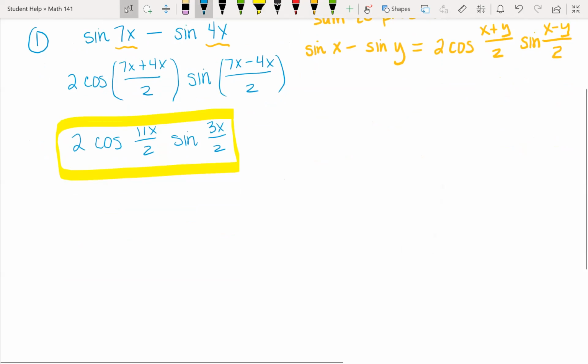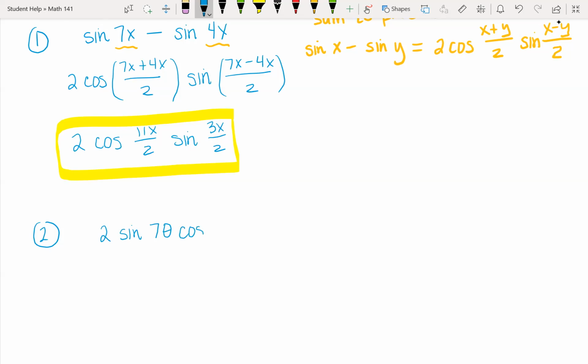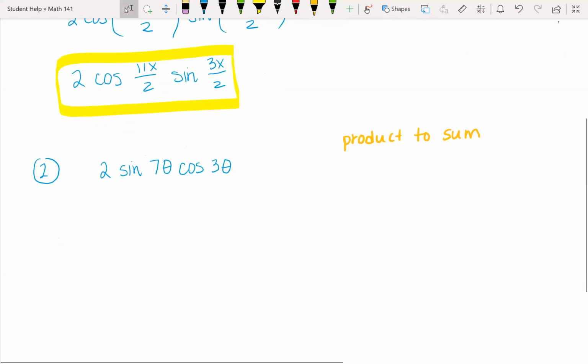Not too bad. For our second example, we're going to go in the opposite direction. We're going to be starting with a product, 2 times the sine of 7 theta times the cosine of 3 theta. Here we're going to use the product to sum formula. So there are different versions.